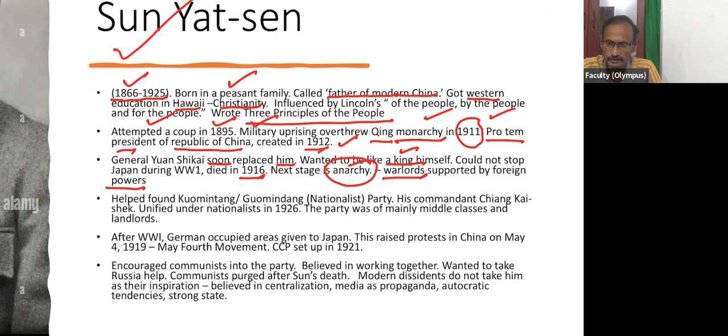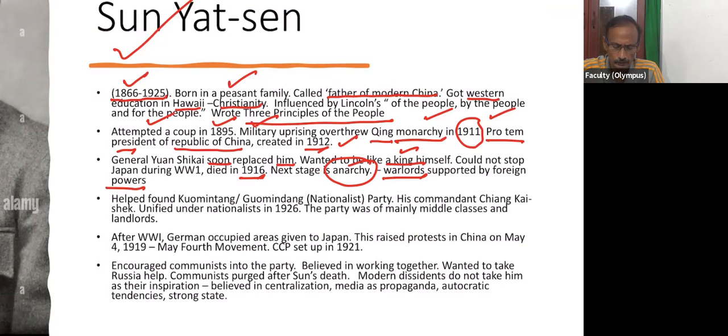He had to defeat the warlords. And he set up an institution where military training was given, and some professional soldiers also joined, and many others joined.